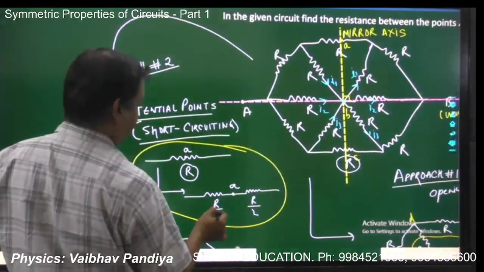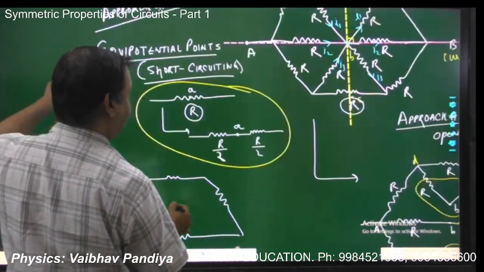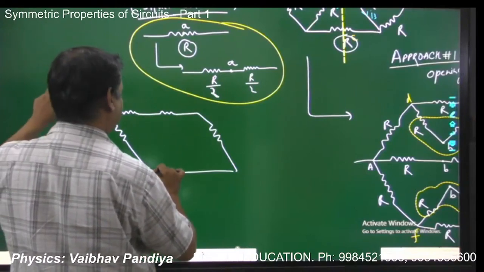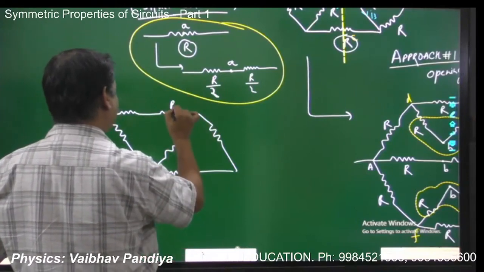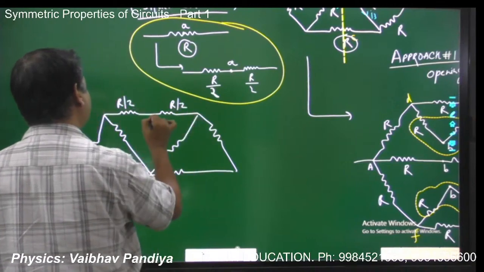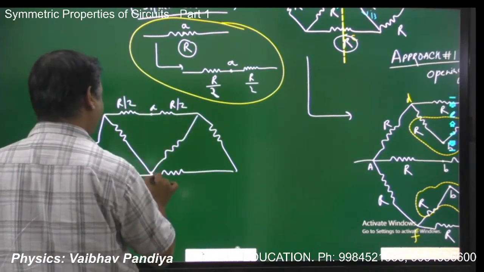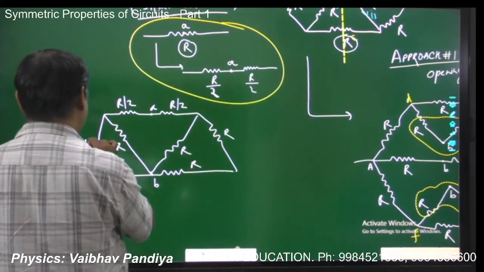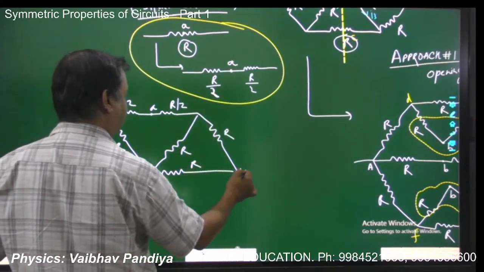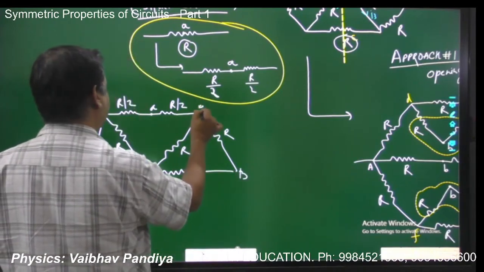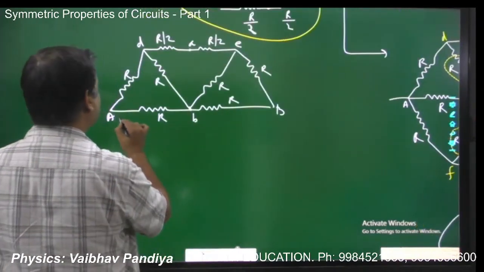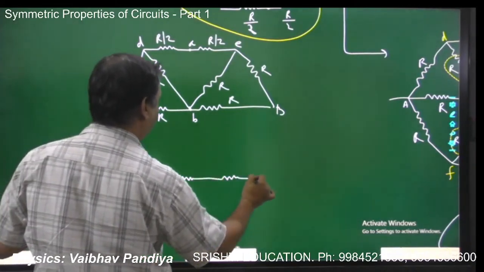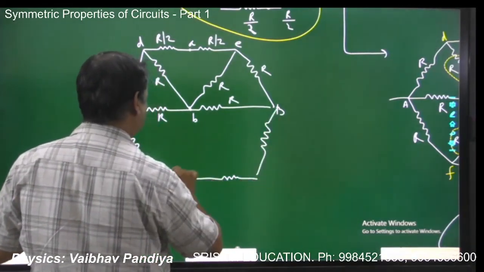Okay, 1, 2, 3, and then we have two resistors like this. So this will be R by 2, this will be R by 2, this is your point A, this is your point B, this is R, this is R, this is R, R, R, this is A, this is B, and this we have denoted D and E. And symmetric is the case for the bottom portion, correct?